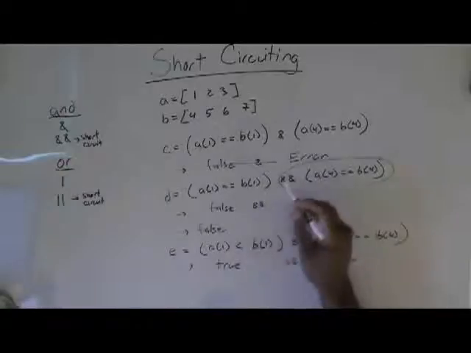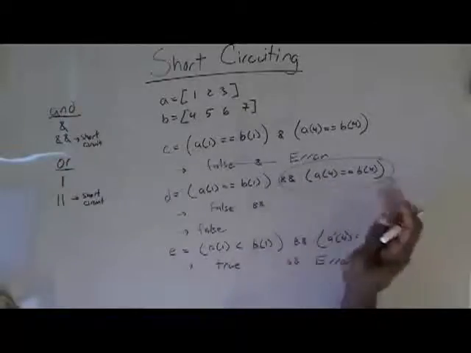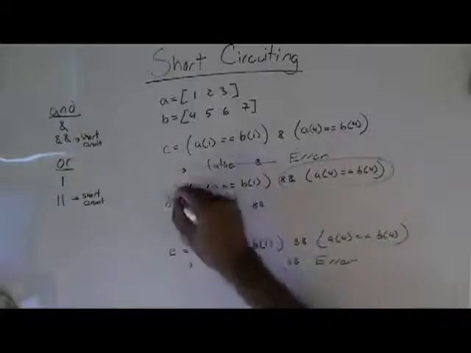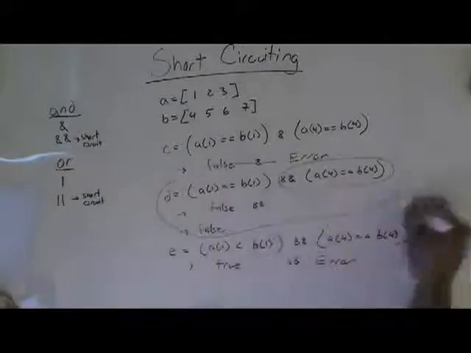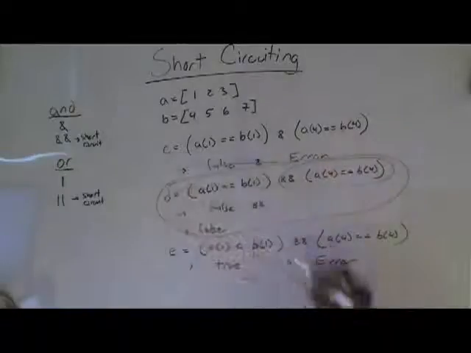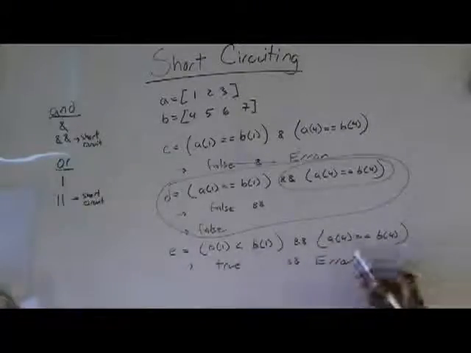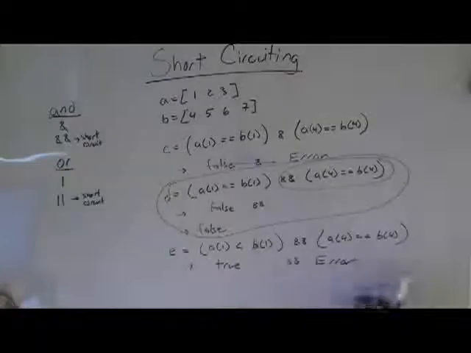With an AND statement, once you get a false, it doesn't matter what anything else is, you're going to get a false for the answer. So you're allowed to short circuit here. So this is actually the short circuiting case. This is not, and you're going to wind up getting an error for this one, because since this first one's true, it's going to step on and try to evaluate the second one, which actually generates the error. Okay.